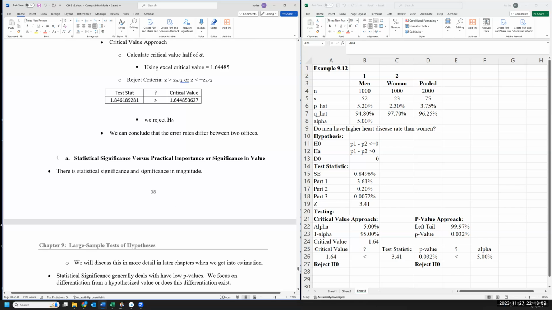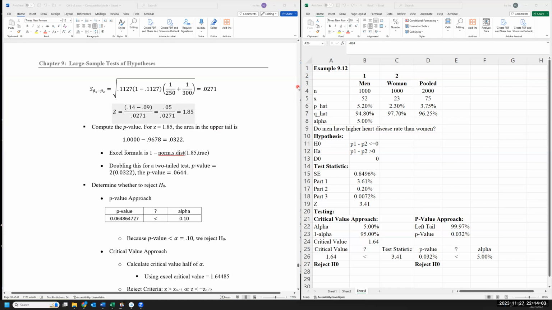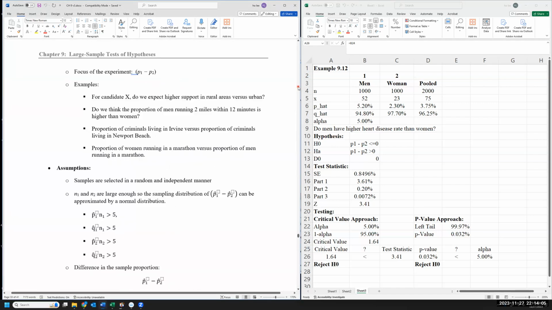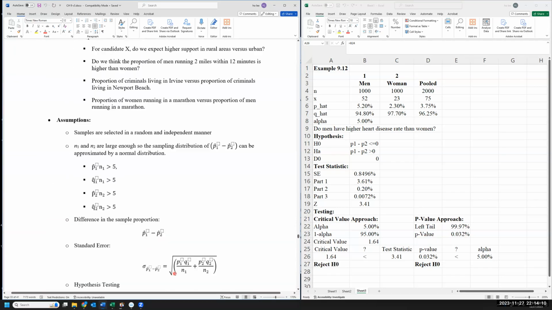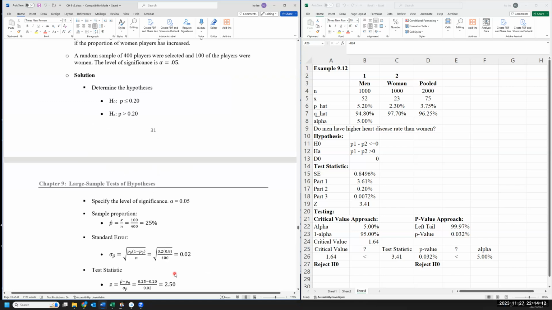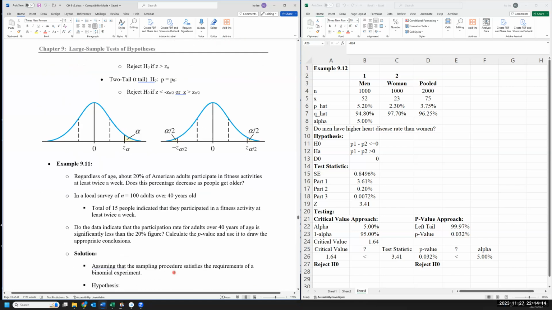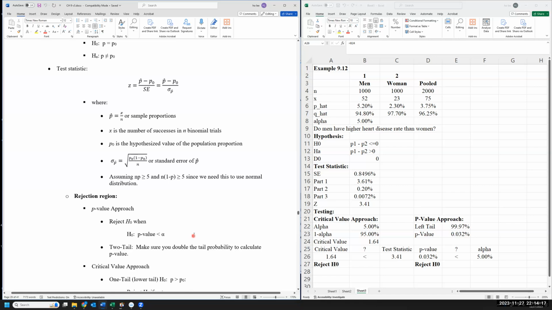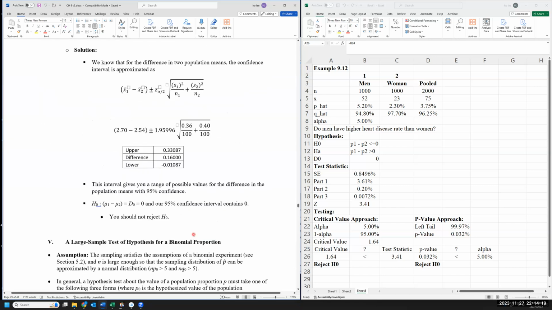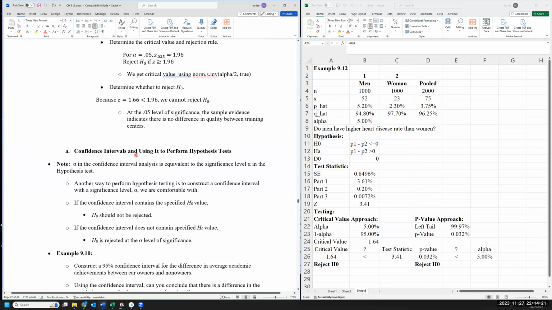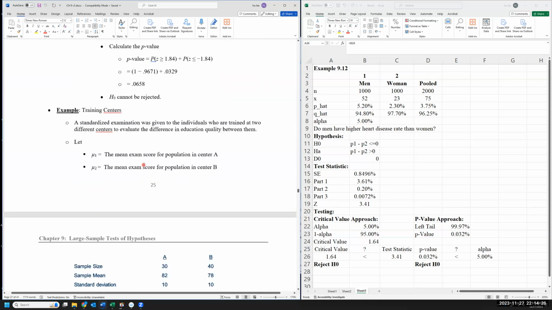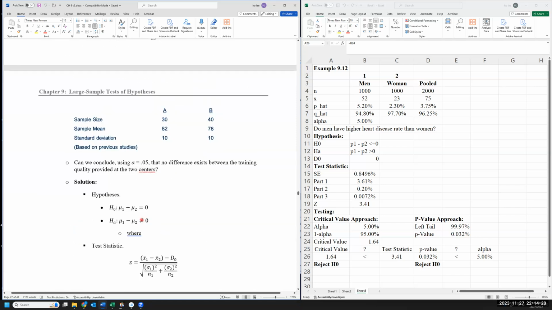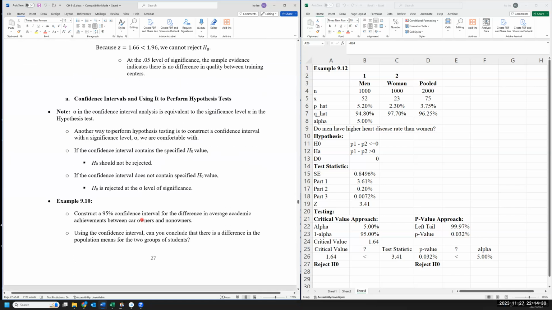And then the last discussion I'm going to have is testing using confidence intervals.